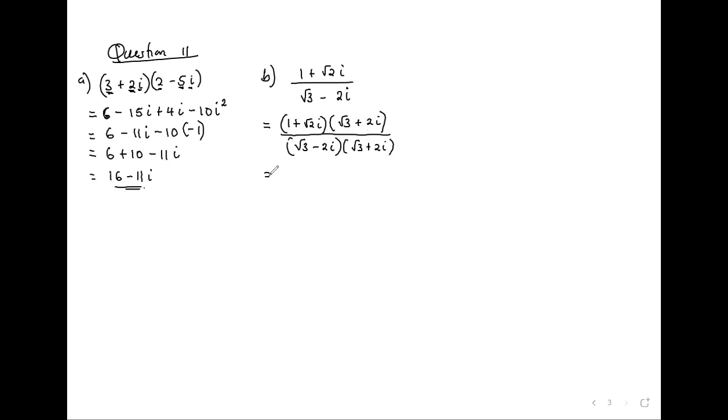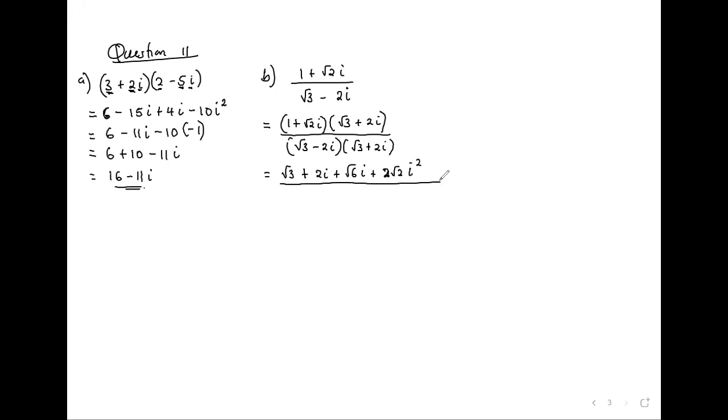So we get 1 times root 3, we get root 3. 1 times 2i, we get 2i. Root 2 times root 3, we get root 6 i. Root 2 times 2, we get 2 root 2. So plus i times i, we have i squared.